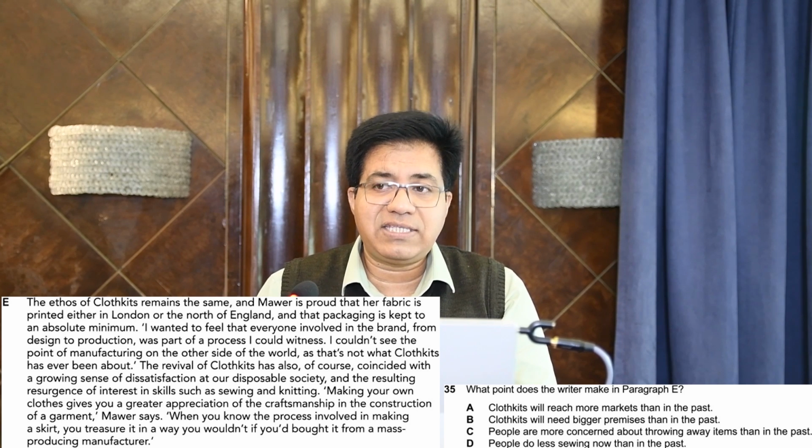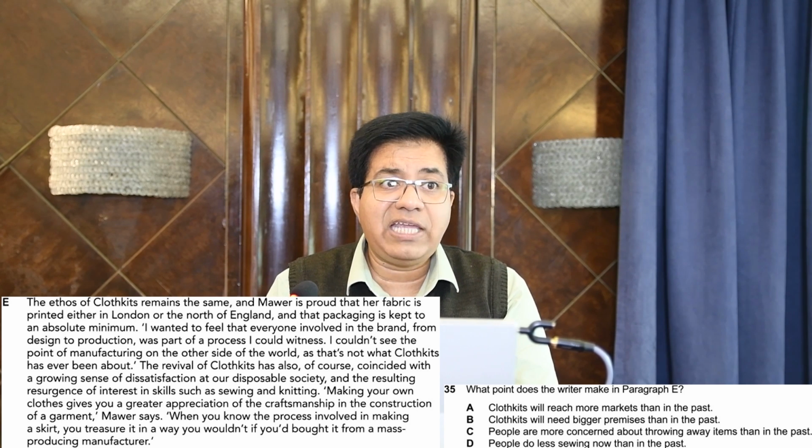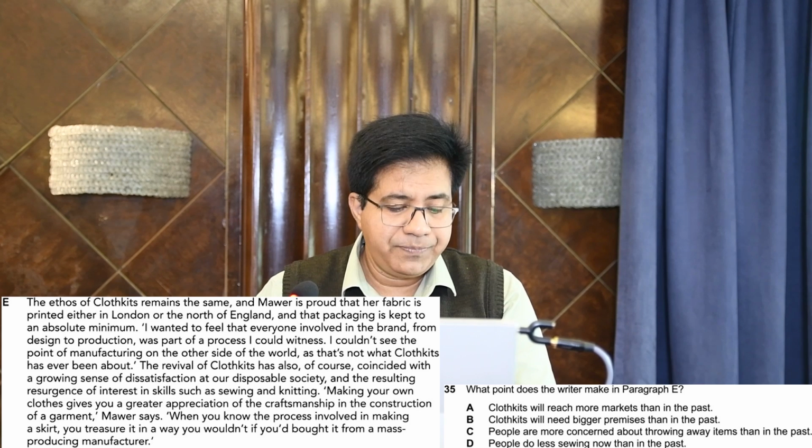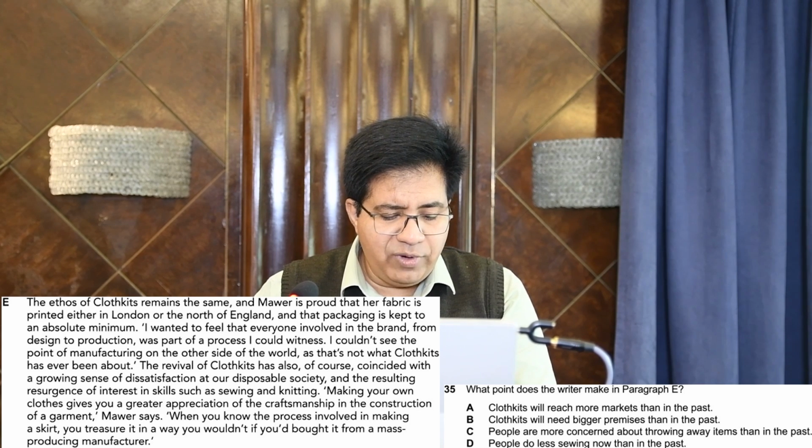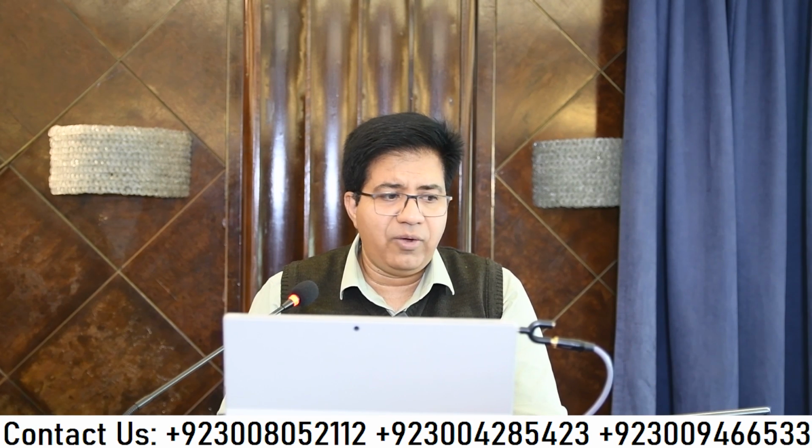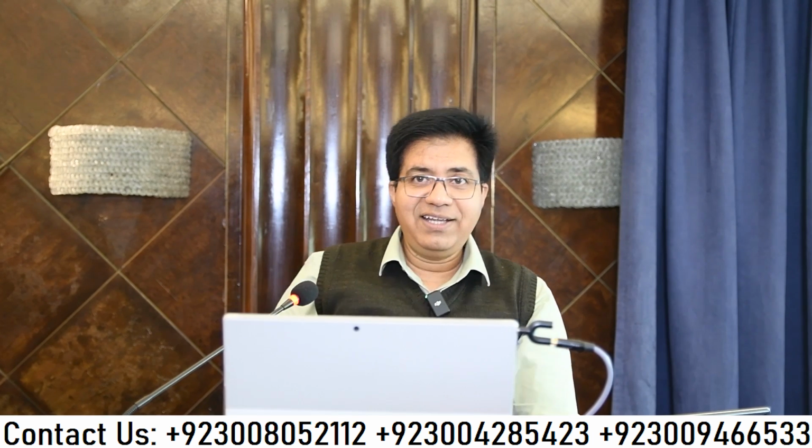So correct answer is C. And by the way, for throwing away, they use the word disposable society. And option D, people do less sewing now than in the past. No, it's not that. Okay, so C will be the right answer for question number 35.